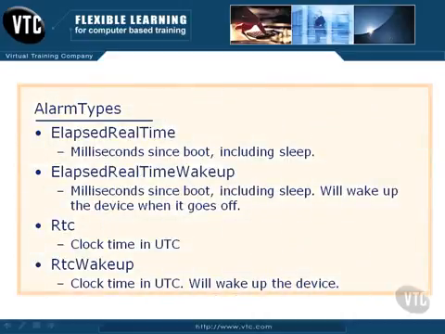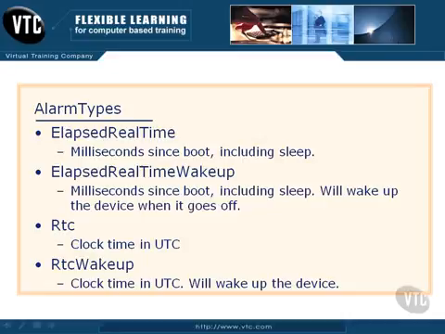There are a few alarm types. The alarm types describe how the schedule is determined. The elapsed real time is in milliseconds since boot, including any sleep time that the device has had. The elapsed real-time wake-up is the same, except it will wake the device up when the alarm goes off if the device is asleep.